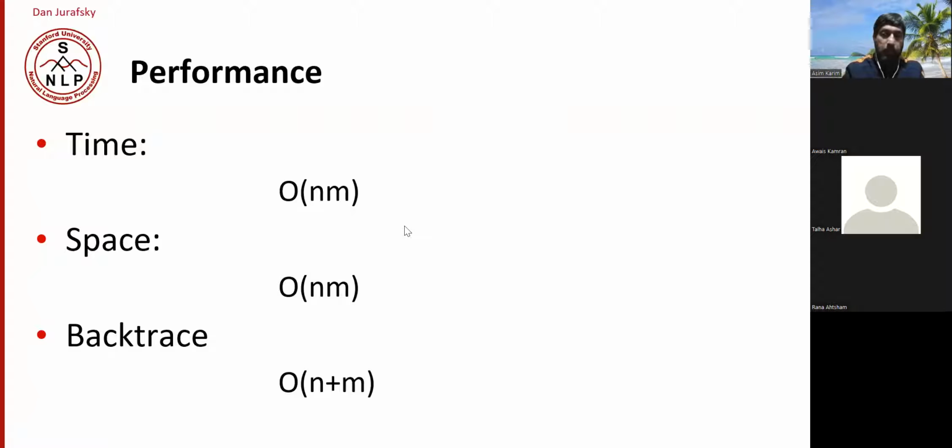But this algorithm can be easily modified for any other combination of costs, as long as those costs are positive, meaning 0 or higher. So you can use the same dynamic programming approach to find the edit distance, which would then be the minimum cost for transforming string X into string Y, given some specific values for those costs.